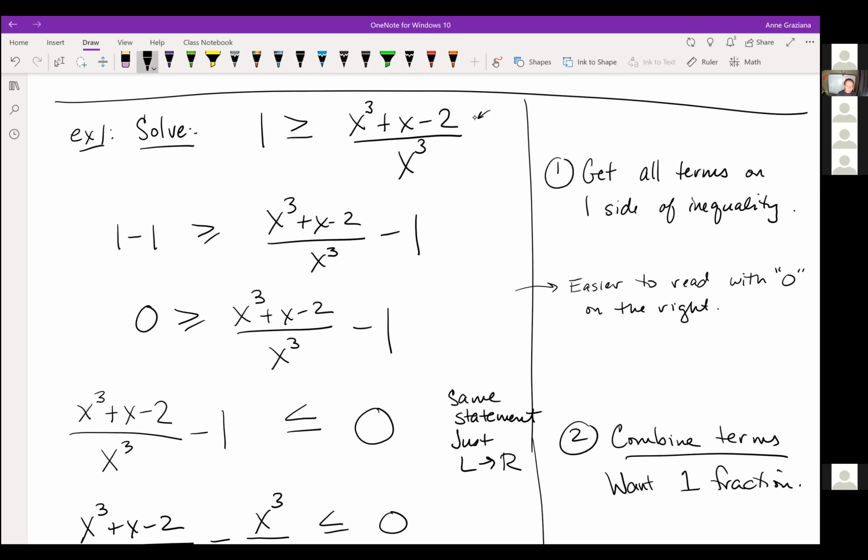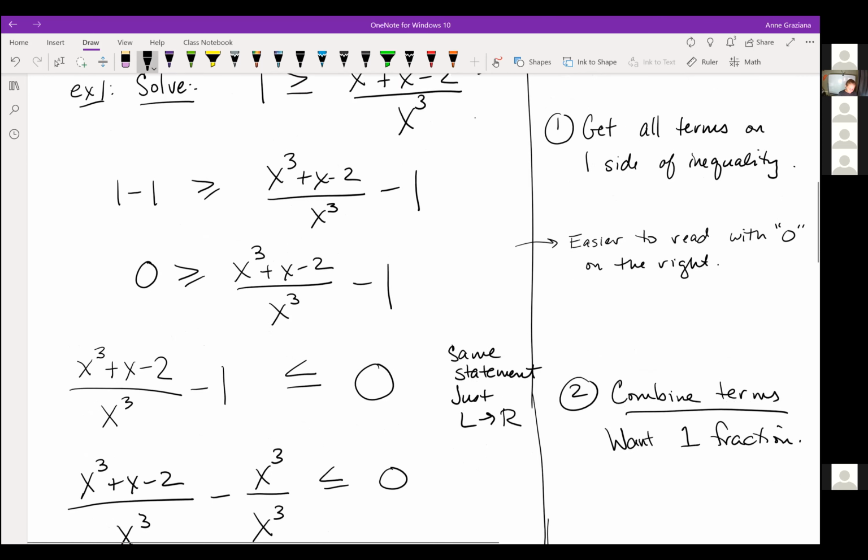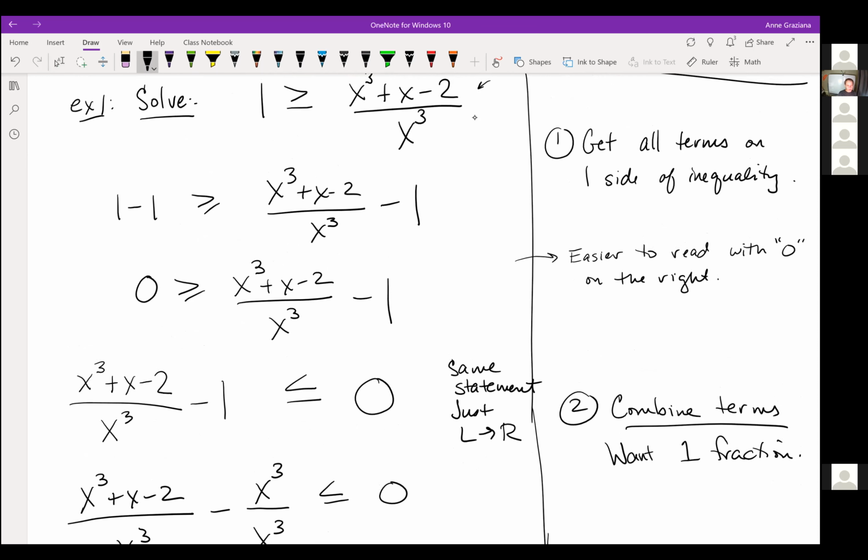Okay. Because the way this reads here, it's 0 is greater than or equal to all that stuff. I mean, that's the same as saying that all that stuff is less than or equal to 0, right? Does that make sense?